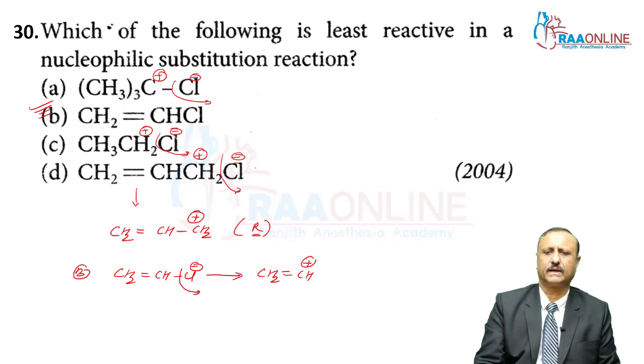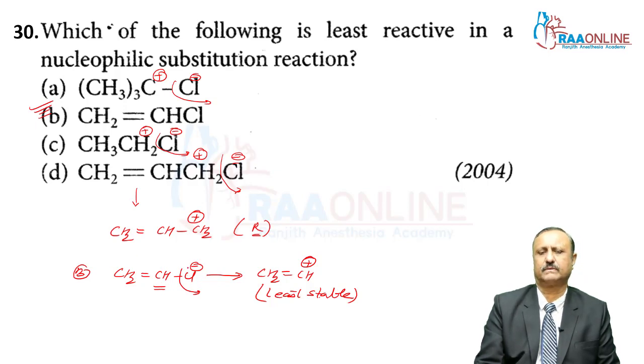This carbocation is least stable, so the molecule does not form this least stable carbocation. So this molecule does not react. This molecule does not want to release the chloride ion in the solution. So this CH2 double bond CH plus is not formed because it is the least stable.